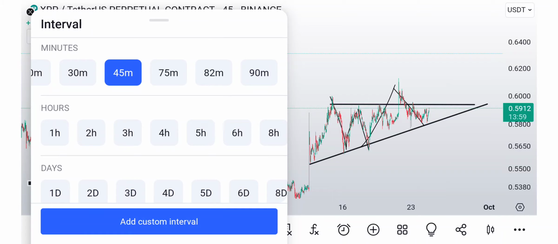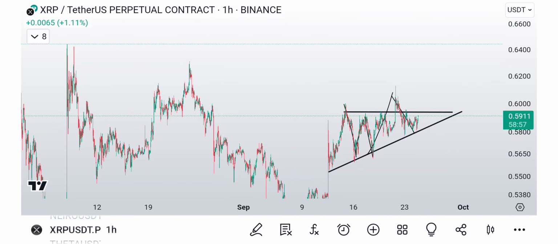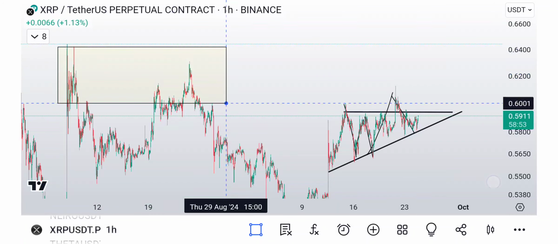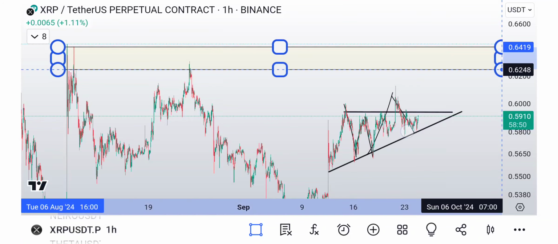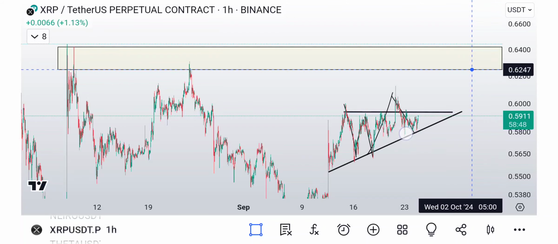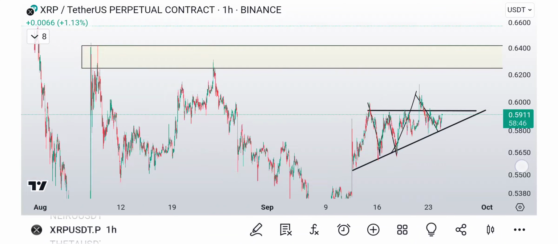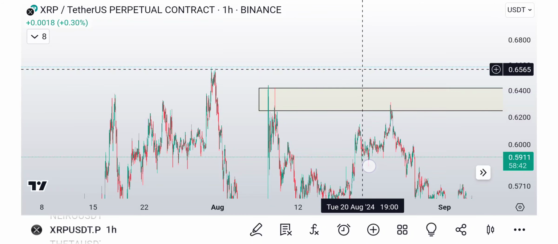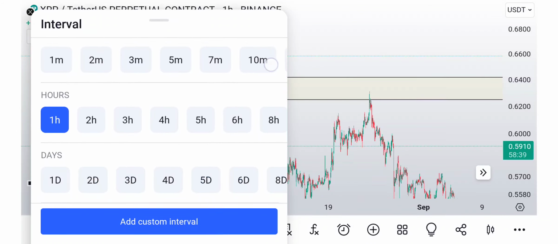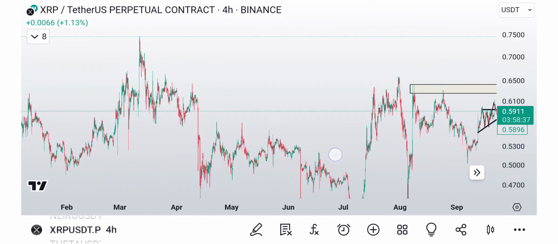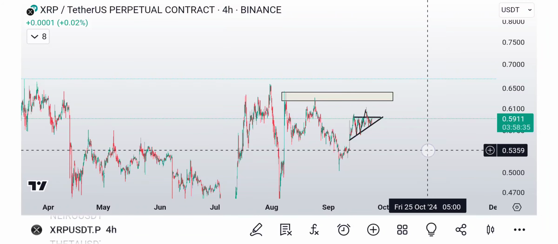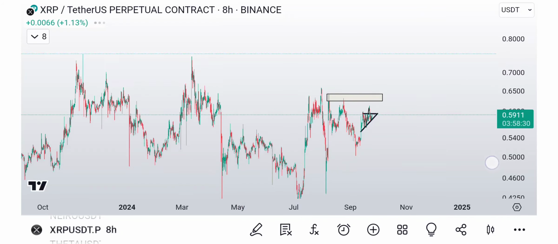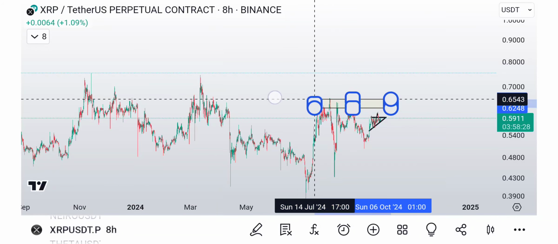So the main goal for XRP right now is to simply, and I say simply, but it's very hard, is to break this zone, to break between 63 and 65 cents, right? And yeah, so 65 cents is the big goal. If XRP can break 65 cents, I think it's really going to accelerate, because you would then be breaking above a key area here.